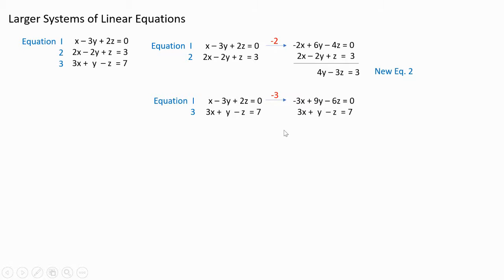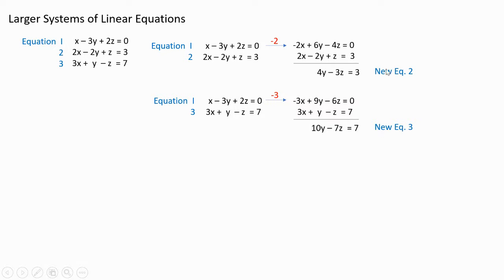And then equation 3, we just slide it over, and then we add them. We notice the x's are eliminated because negative 3x plus 3x gives me 0x. And the y's, 9y plus y gives me 10y. Negative 6z minus z gives us negative 7z. And 0 plus 7 gives me 7. And that's my new equation 3.